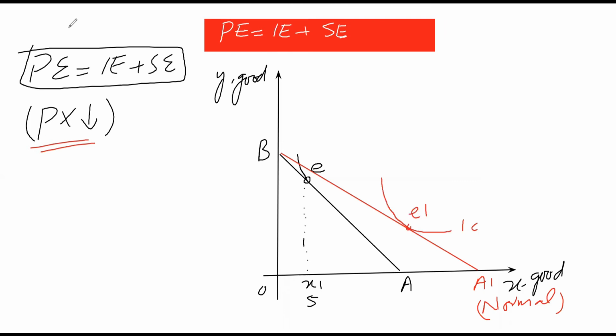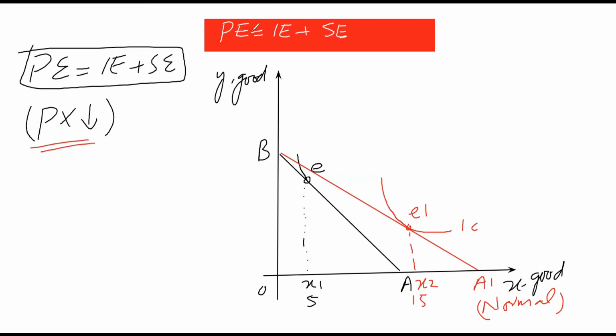So the consumer will purchase more, let's say X2 quantity of the normal good, and X2 can be any quantity, say 15 units. So the consumer was initially purchasing 5 units, now he is purchasing 15 units.